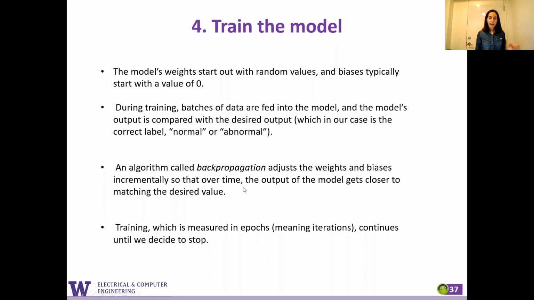I wanted to give just a brief overview of what backpropagation is. I will show it in a video in a few minutes. Just know that the concept of learning and backpropagation is to adjust the weight and bias.